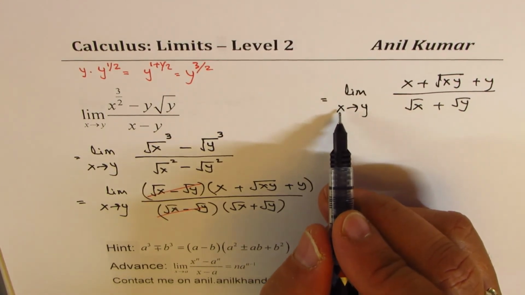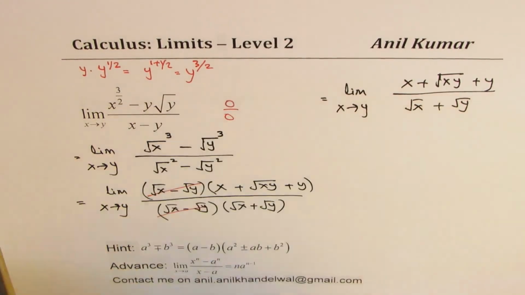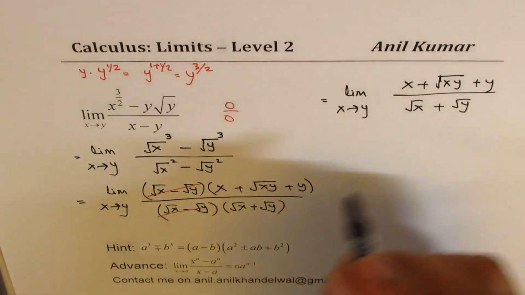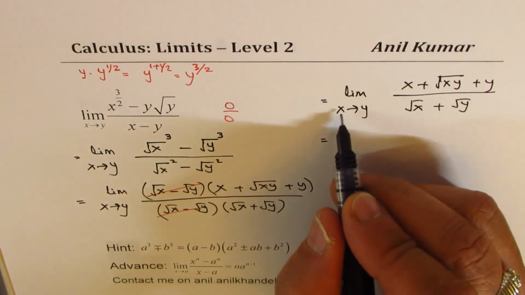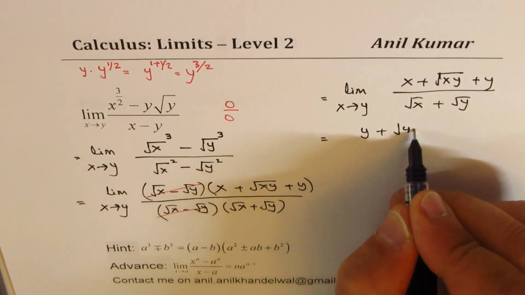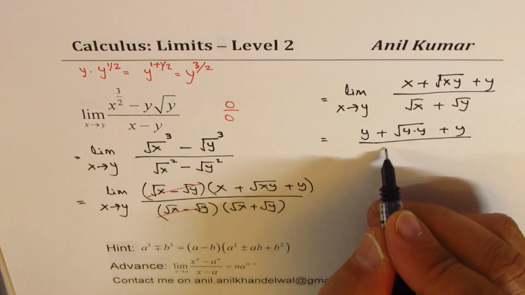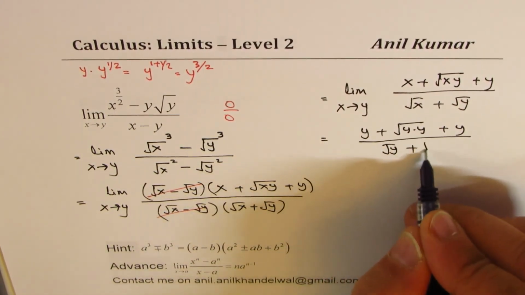Now we can substitute x equals y. Earlier we could not do it since it was 0 over 0, right? So let's substitute and then see what we get. So x as y gives us y plus square root of y times y plus y, that is 3y, right? And here we have square root of y plus square root of y.